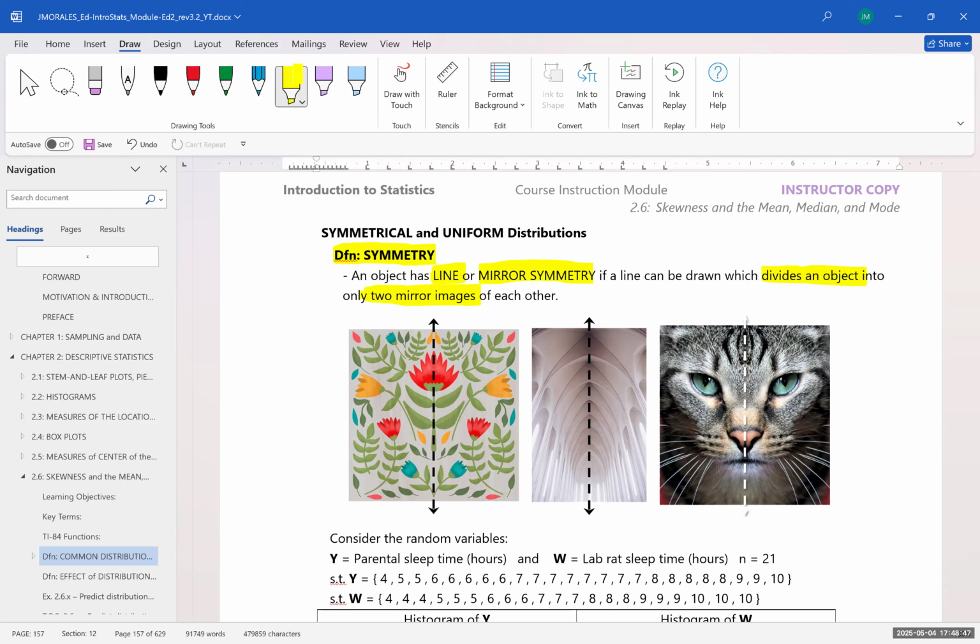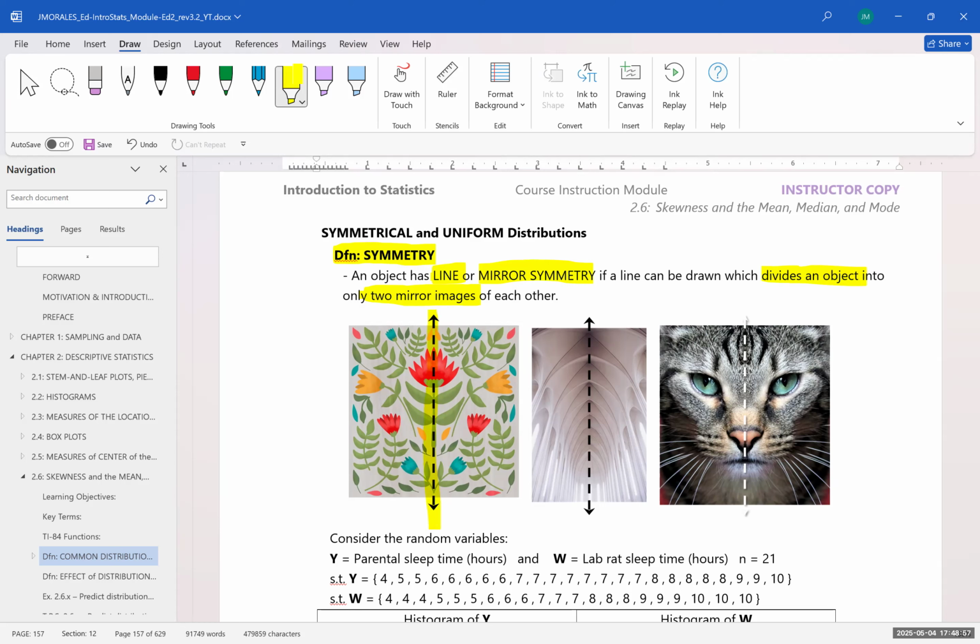You can see in this first example, I've got a square of a wallpaper pattern, and it has a line of symmetry right down the middle. It's the same on the left-hand side of that line of symmetry as it is on the right-hand side.